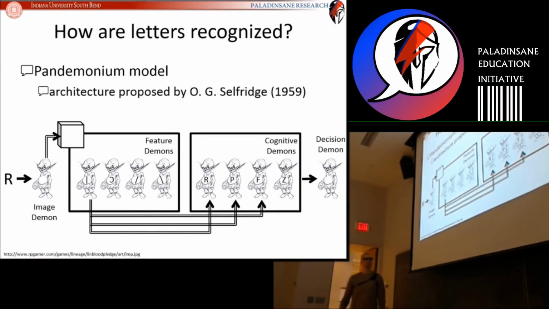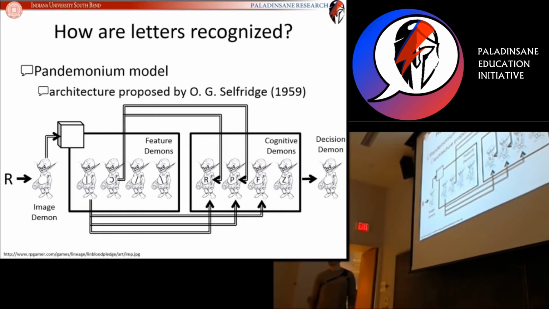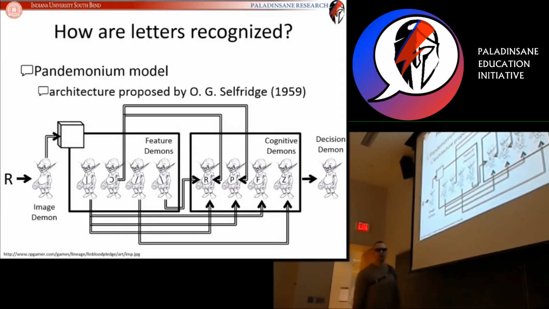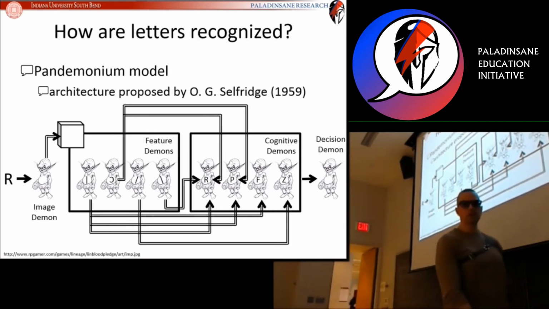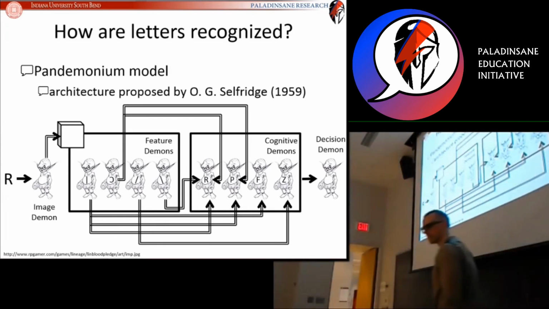Can't talk to it. This demon over here can talk to the R demon, can talk to the P demon, but not allowed to talk to F and not allowed to talk to Z. This demon over here talks to the Z demon and only has contact information for the Z demon. And then this one over here talks to the R demon and only has contact information for the R demon.